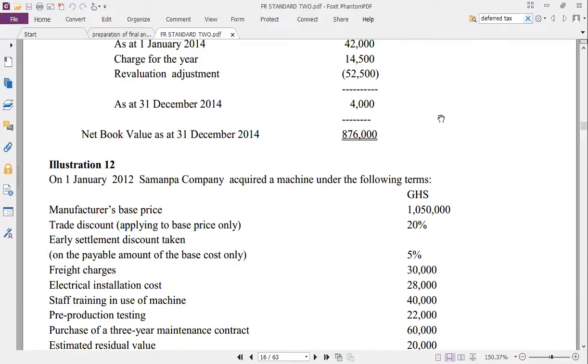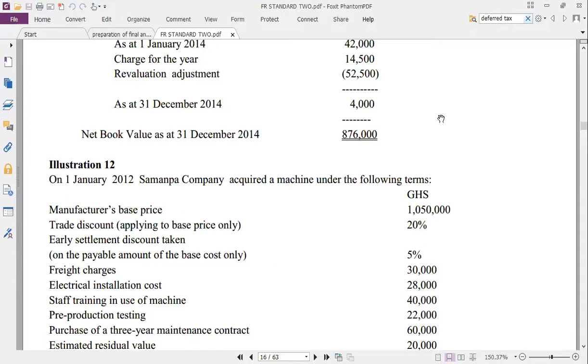Now, illustration 12. On January 1st, 2012, Samanpa Company acquired a machine under the following terms. Manufacturer's base price 1,050,000 cedis. Trade discount applied to the base price only, 20%.